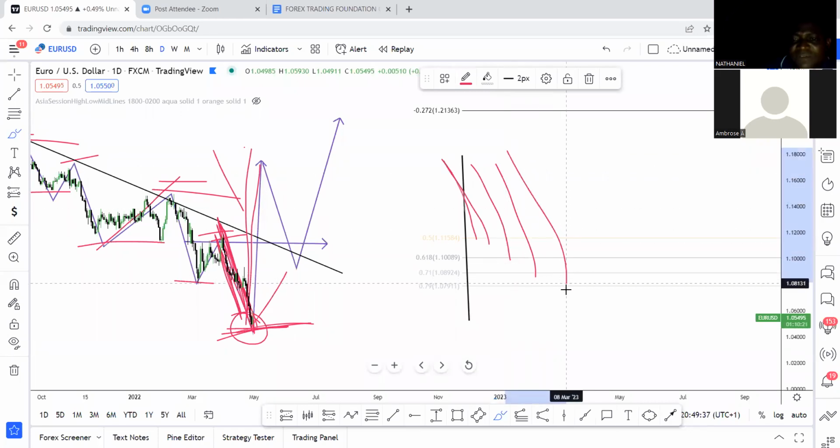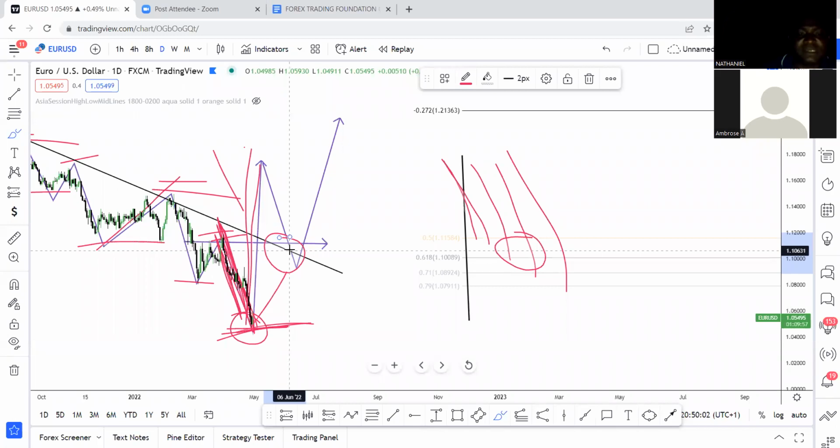If you come back to this level, 79% has been retraced. But as a general guideline, there is what is called the golden ratio. The golden ratio is 0.618. I pick a level between 0.5 and 0.618. That's the level.